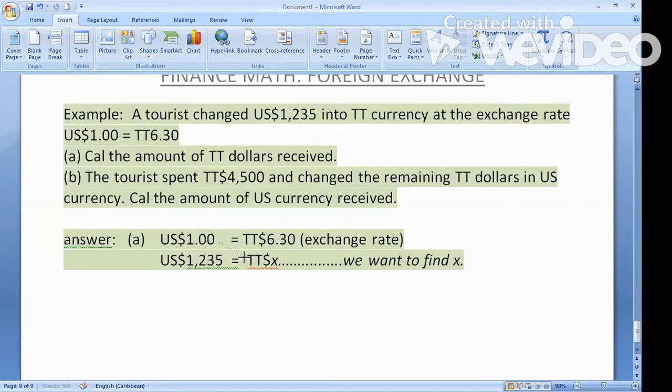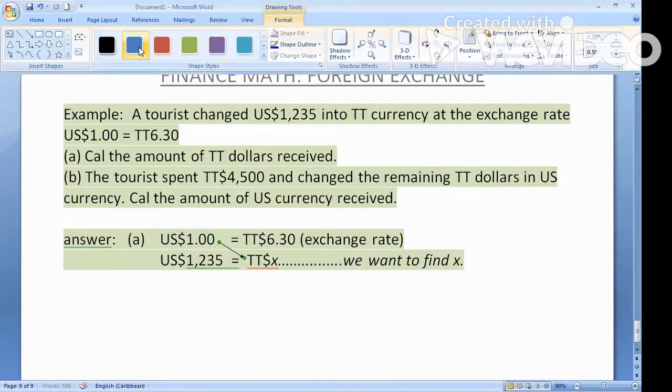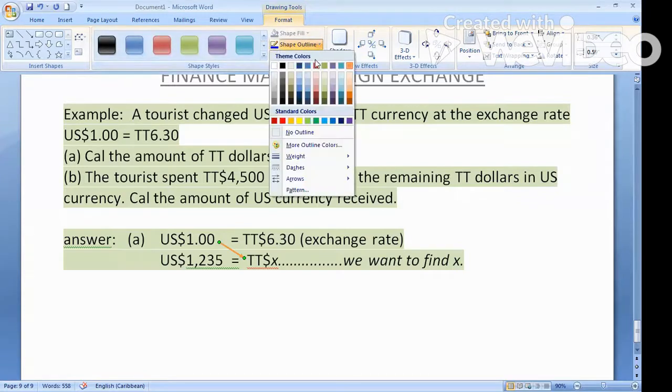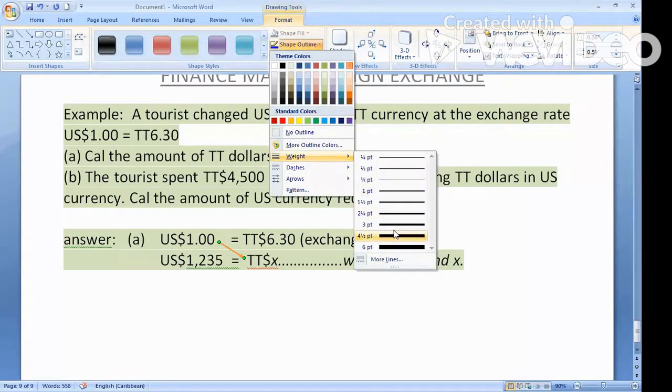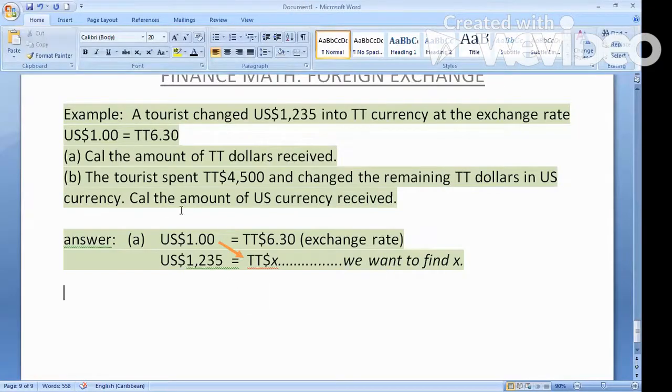That means 1 times X. When do we cross multiply?